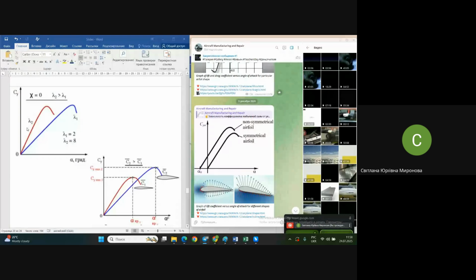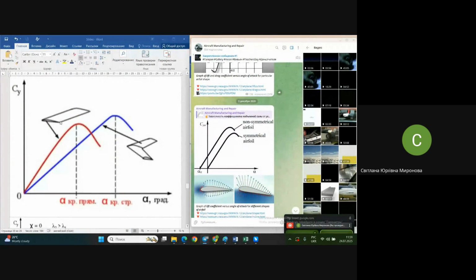Here is the span. Span is the ratio between the value of the chord, between this value and the value of the wing length. Span is practically the ratio between this value and that value.